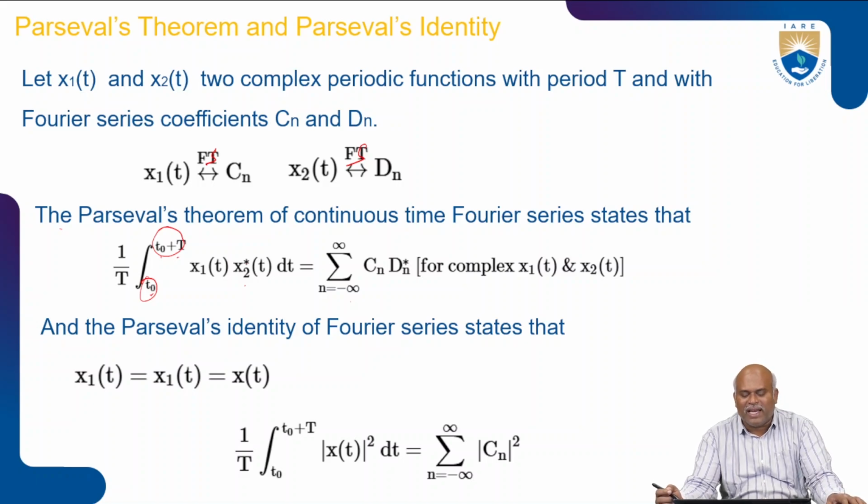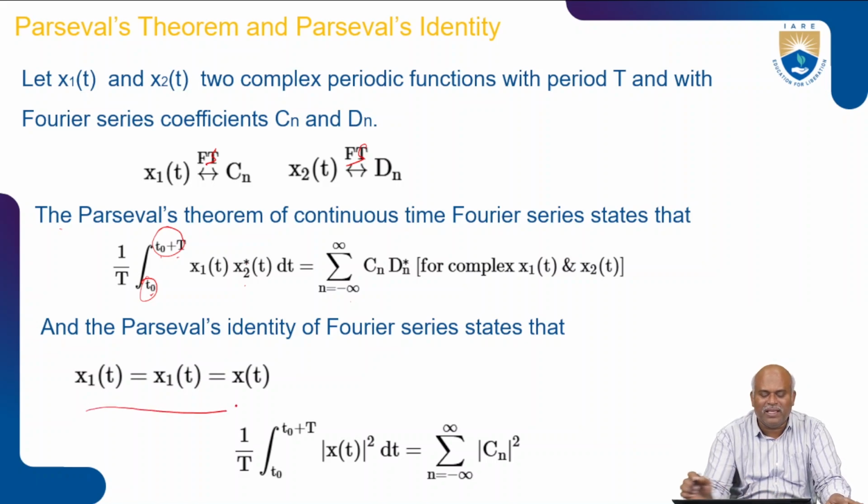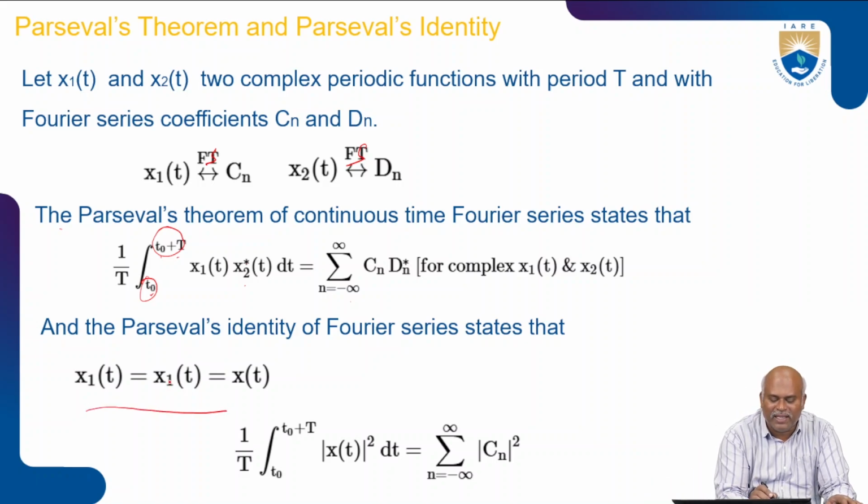Then the Parseval identity of Fourier series: we take x1 of t and x2 of t to be the same signal, which I write as x of t. Here x1 of t equals x2 of t, represented by x of t.